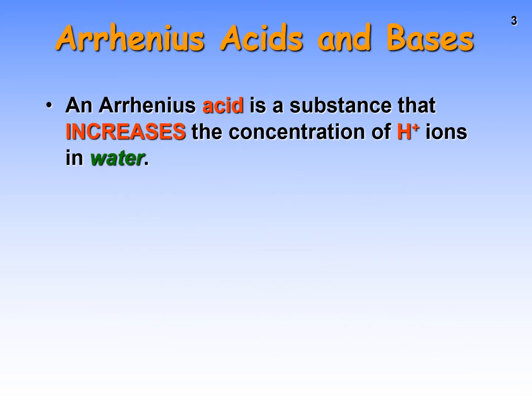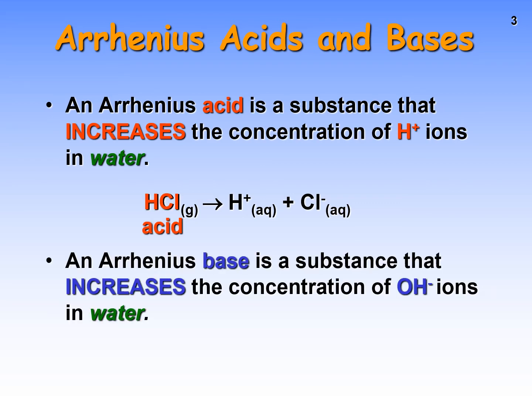So the Arrhenius acid definition is that an Arrhenius acid is a substance that increases the concentration of H plus ions in water, like HCl. If I dissolve HCl in water, it will ionize, because it's a strong acid, into H plus and Cl minus, thereby increasing the H plus concentration and making it an Arrhenius acid.